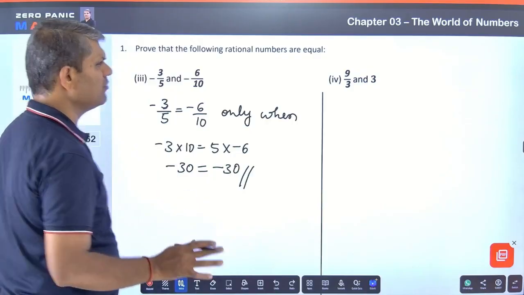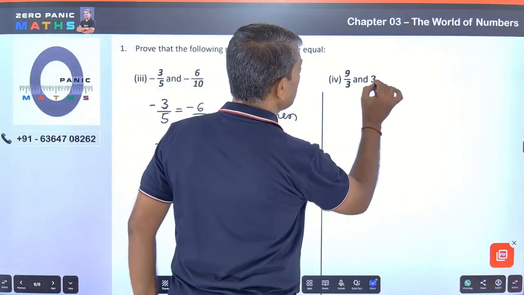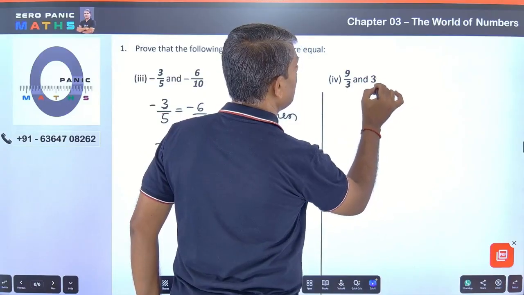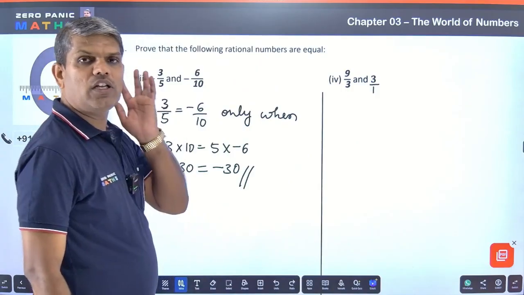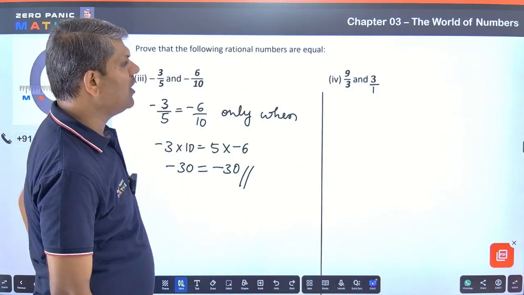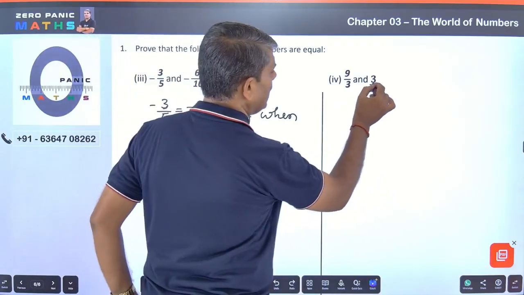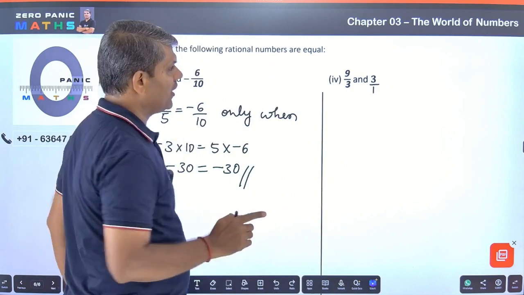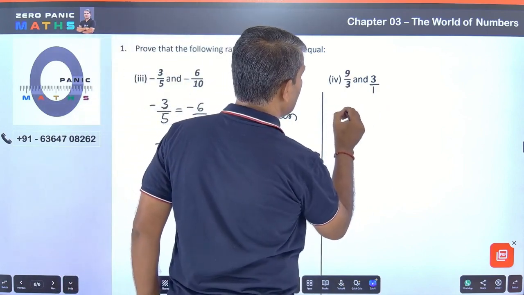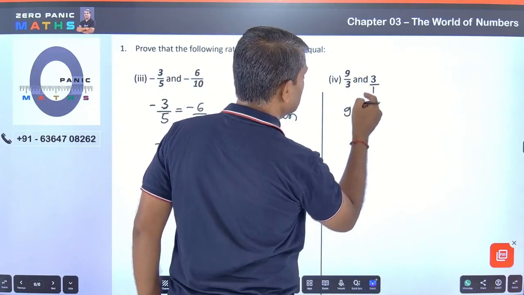Okay, these are very simple examples. Here also, though it is given as a whole number or a positive integer, there will be a default denominator for any whole number or any integer, that is a default 1 as the denominator. So I will consider this as 9 by 3 and 3 by 1 only.